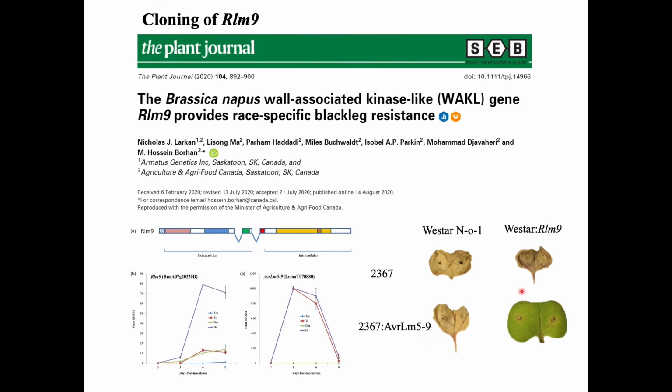However, it does not respond when AVR LM59 is not present; we have a complete lesion. AVR LM59 is induced during the infection at 3 days, and then it tapers off at around 9 days. This almost correlates with the upregulation of the R gene as well, RLM9.